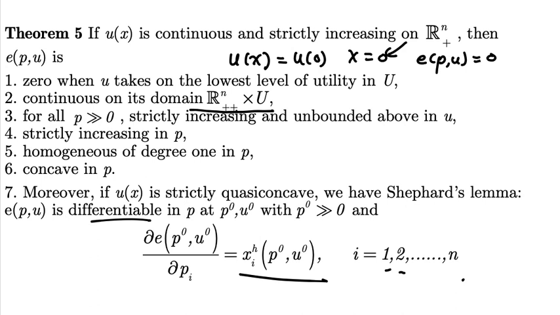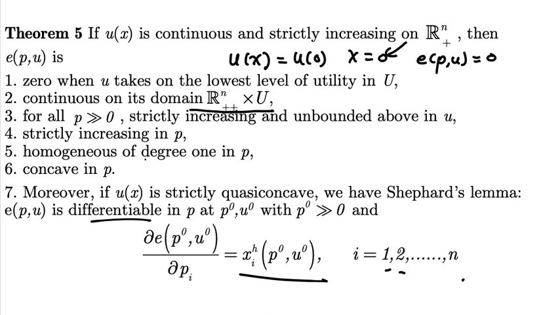If the price is positive, of course the expenditure is also positive when you want to consume, isn't it? And when the prices are even more, or strictly increasing, the minimum level of expenditure needed to maintain the same utility level also increases, isn't it? That's logical.